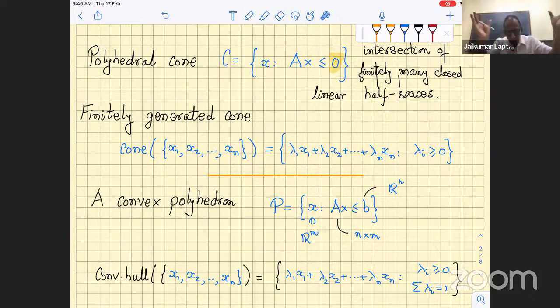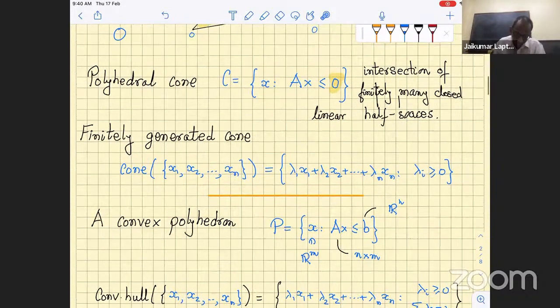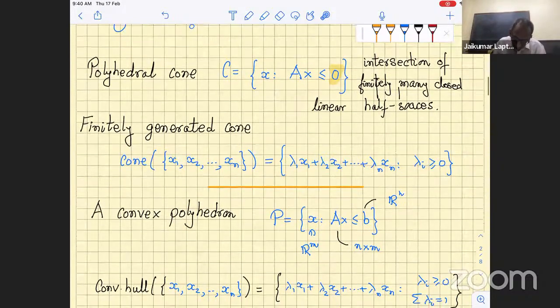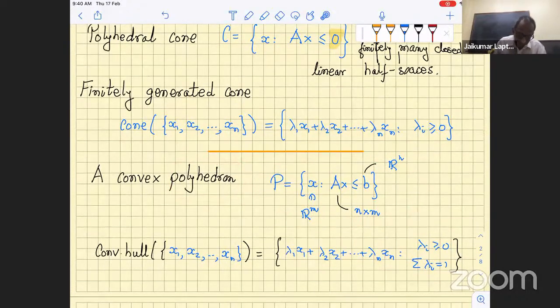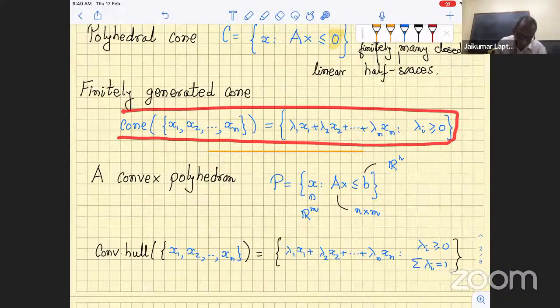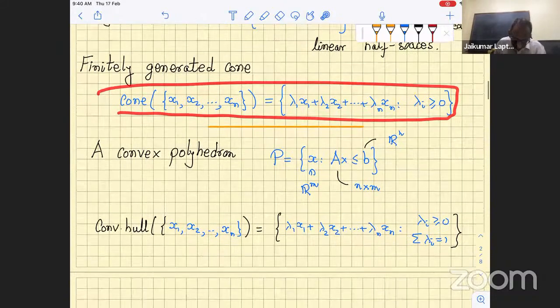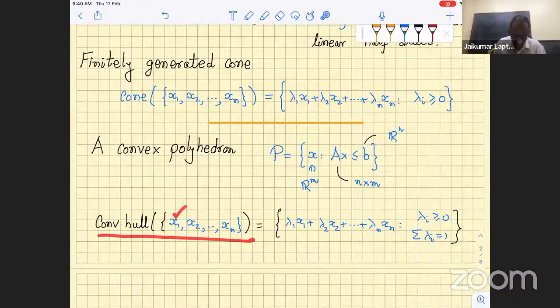It can be an unbounded polyhedron. Such an object is called a convex polyhedron. On the other hand, something analogous to this is called a convex hull. So what you do is you take these points that generate the convex hull and you take all convex combinations, meaning you take their averages, all possible ways of computing their averages with various weights. So this is the convex hull.